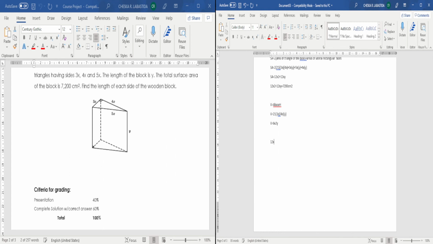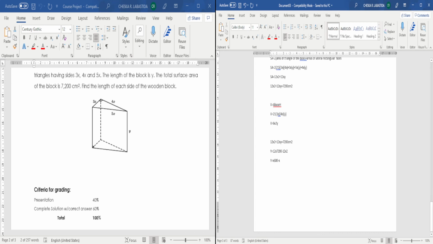So now we'll be doing the computation here. 12x squared plus 12xy is equal to 7,200 cm squared. Then y is equal to (7,200 minus 12x squared) over 12x. So y is equal to x(600 minus x).